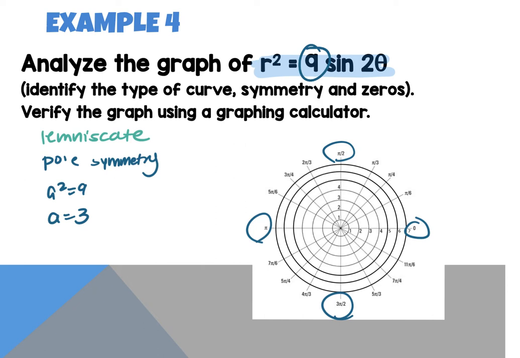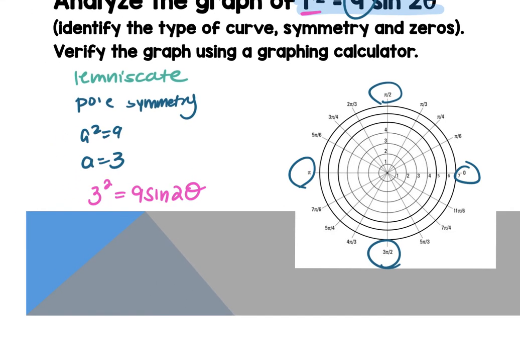So I would do what we did yesterday, which is say if r squared, so I want my radius to be 3. So 3 squared equals 9 sine 2 theta. Work backwards to get to theta. So if this is 9 equals 9 sine 2 theta, I would divide both sides by 9. 1 equals sine 2 theta.